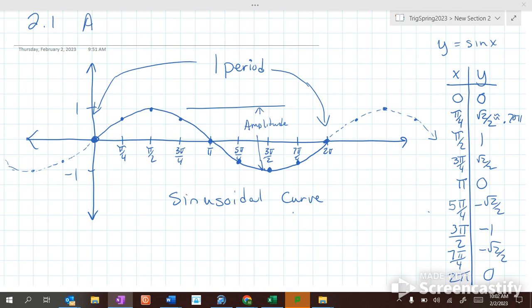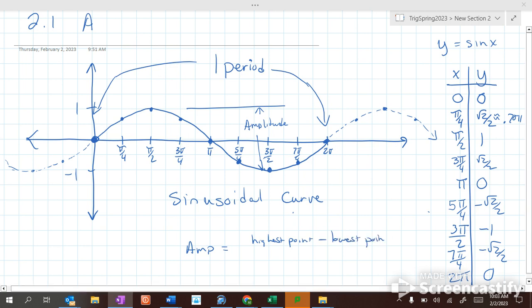The difference between the highest point and lowest point divided by 2. Okay? So that's what the sine curve looks like. Are we good with that?